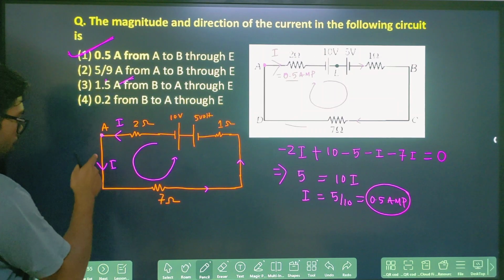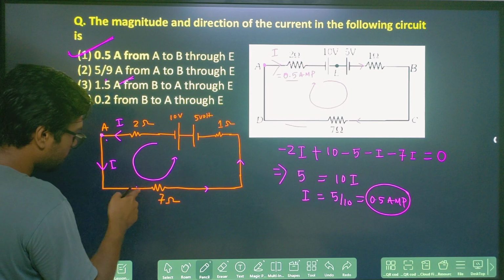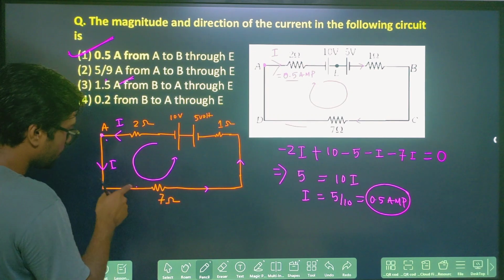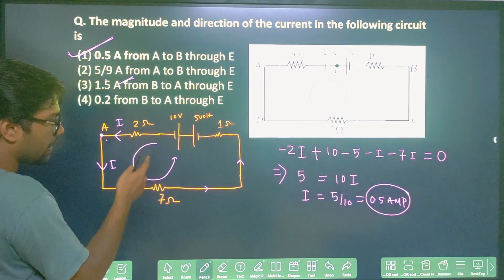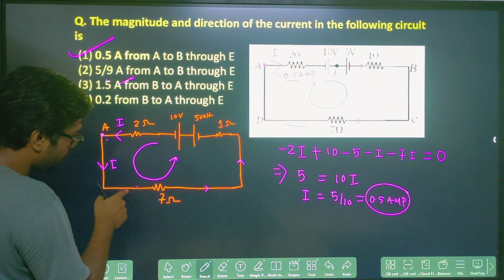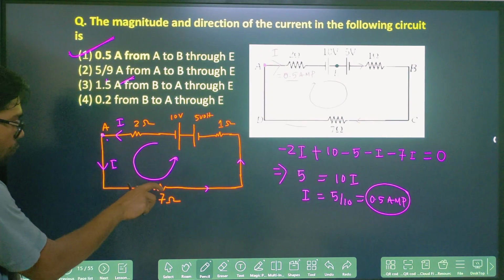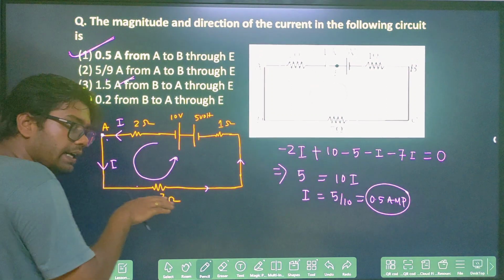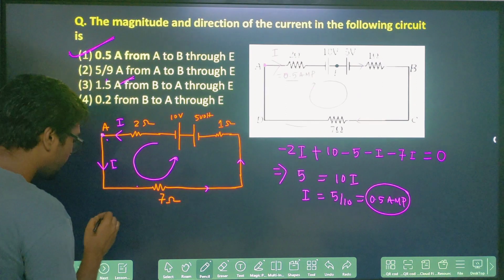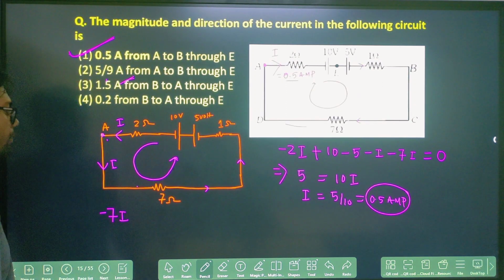Now tell me, I am starting from point A, moving along this direction, because the loop is anti-clockwise. See, this is A. Move through the 7 ohm resistor. Whenever I move through the 7 ohm resistor in the direction of the current, there will be a potential drop, that will be minus 7i.